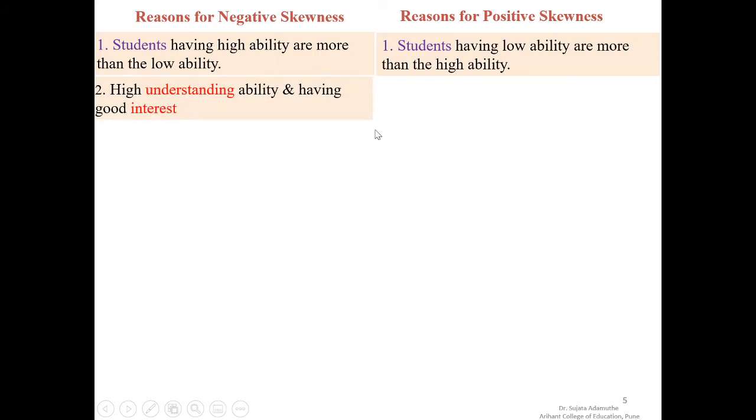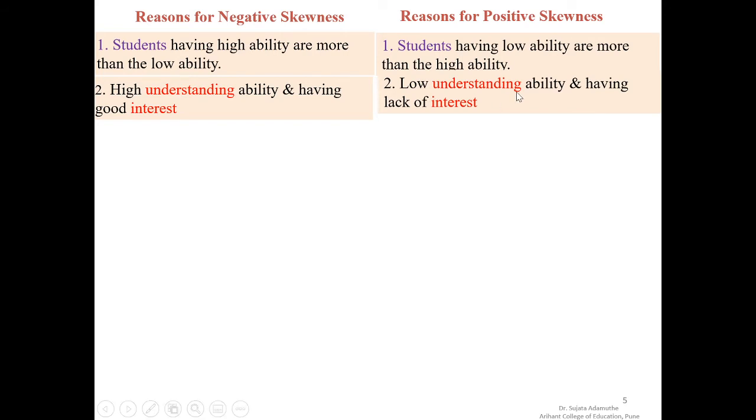Here, if the students have understanding ability and are very interested in the study, then the negative skewness will come. Obviously, if understanding ability is high and they're very much interested in the study, they will get good marks, good scores, and obviously the negative skewness will come there.